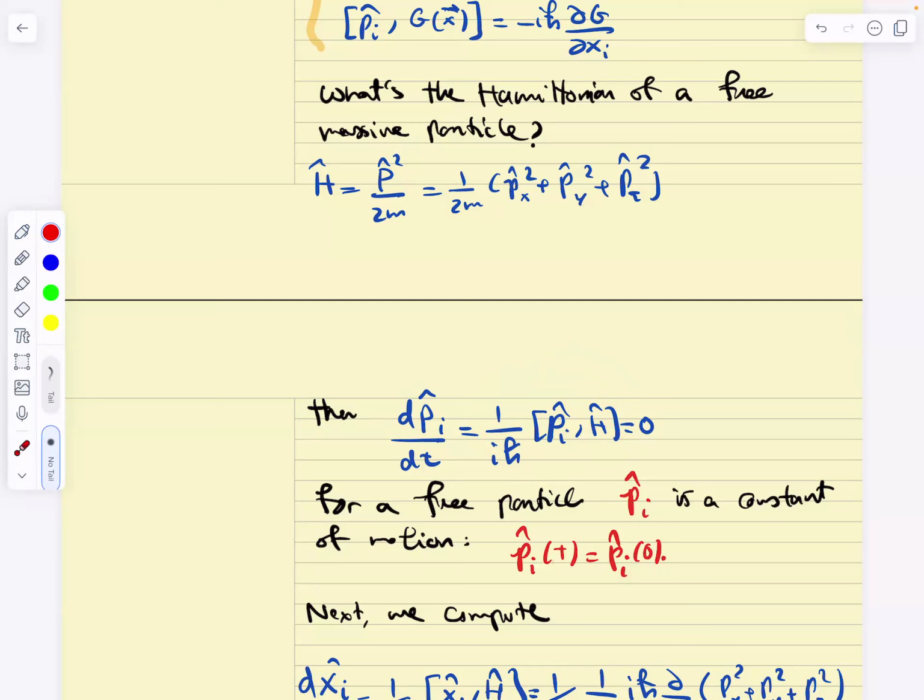Pi of t is Pi of 0. Any observable that is independent of time in the Heisenberg picture, we call a constant of motion. This is consistent with the classical physics picture. In classical physics, momentum of a free particle is a constant of motion. It's called conservation of momentum.